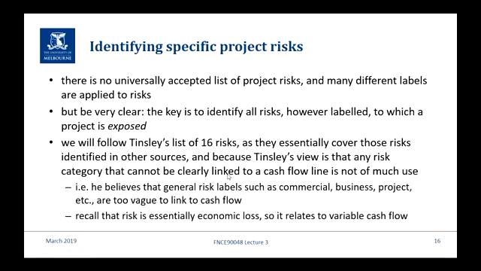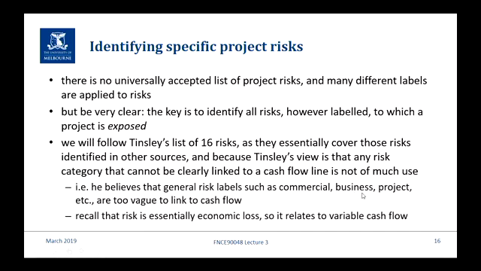He says that any risk category that can't be clearly linked to a cash flow line is not of much use. And when we're talking about a cash flow line, it's a bit broader than that, but what's the economic impact? If we can't specify the economic impact, then it's not really going to be helpful in our analysis. So things like commercial risk or business risk or project risk are too vague.